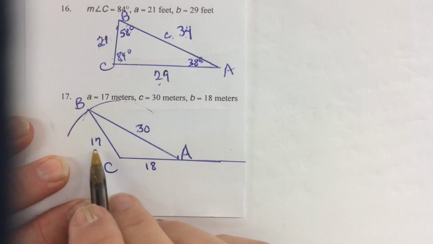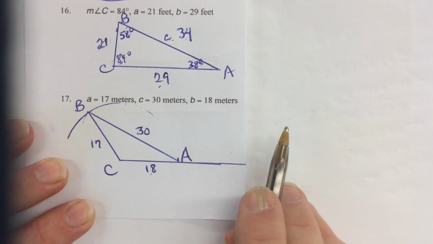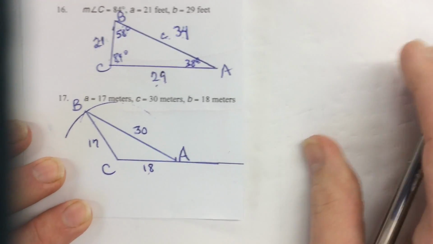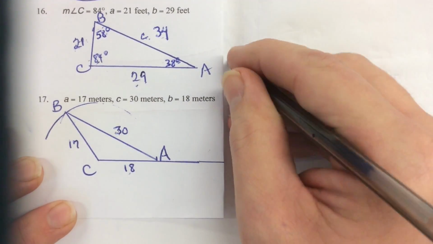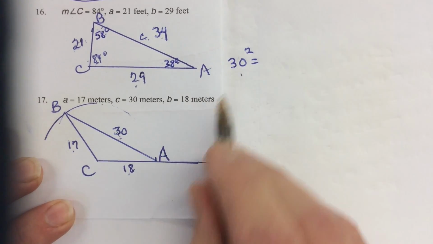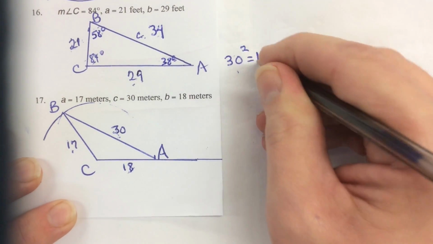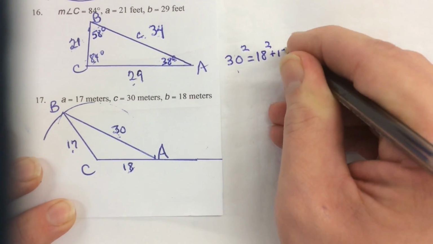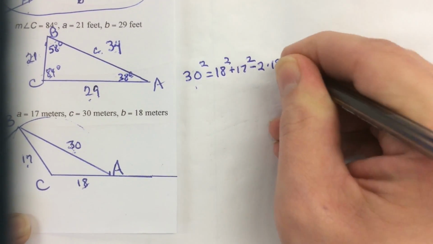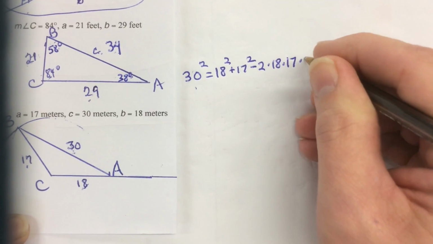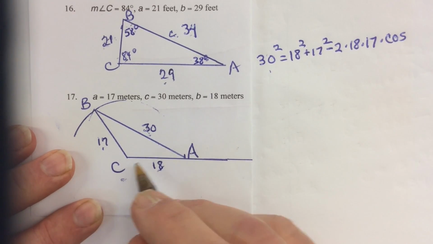Finally, we have this question here where we have the side lengths, but we don't have any of the angles. That's okay, we can still deal with that because let's pick this one, for example. The square of this length is equal to the square of this length plus the square of this length minus 2 times 18 times 17 times the cosine of whatever angle C is, whatever this angle here is.